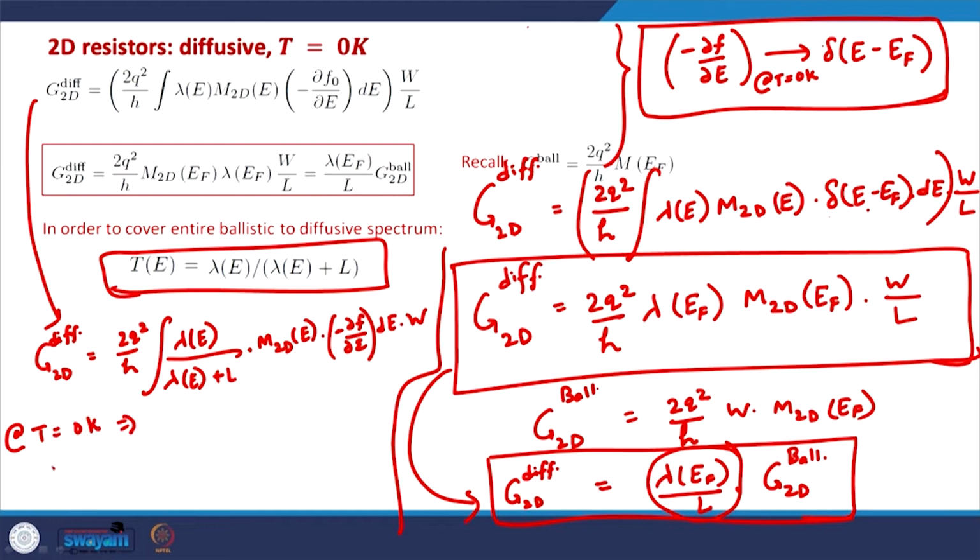this will essentially be the conductance of a diffusive conductor or any conductor.